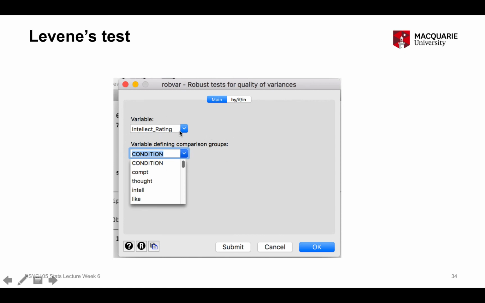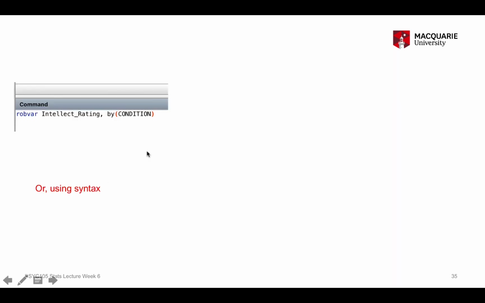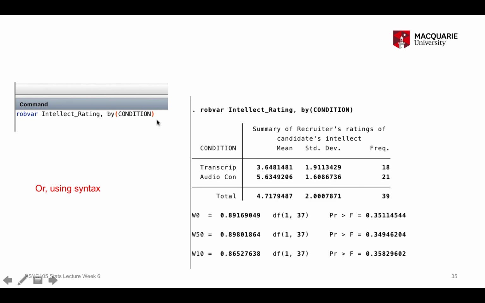The group variable is the one that represents the different, independent groups that our observations fall into, and for our purposes, it's the condition variable. If we were doing the same thing using syntax, using the written command, then the command name is robvar, robust variance, ROBVAR. And then we list our outcome variable, our dependent variable, comma, by, and then open parentheses, our group variable name, condition, close parentheses.